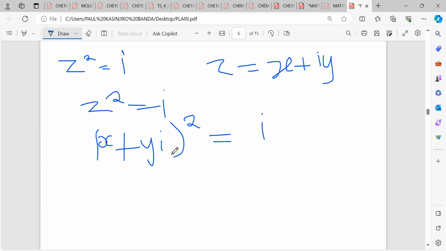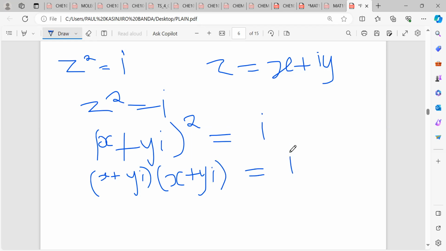From here we distribute the power outside. In short, we are multiplying this by itself: x plus yi, and again x plus yi, is equal to i.